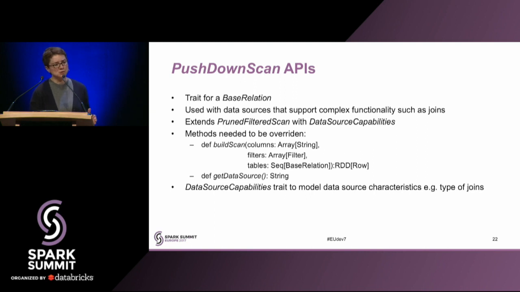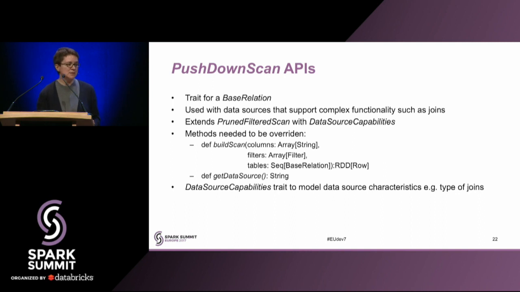Push-down scan is a trait of a base relation. It extends the prune filter scan with data source capabilities. There are 2 methods that need to be overridden: build scan, which takes as input a set of projected columns, the predicates to be applied, including the join predicates, and the set of tables to be joined. It returns an RDD of rows.